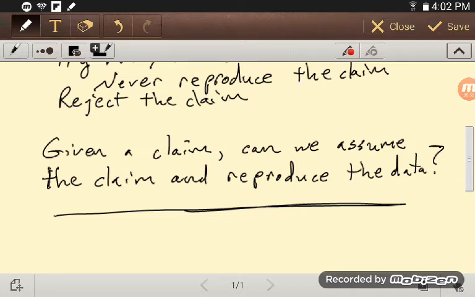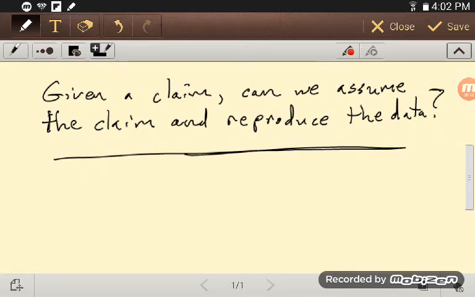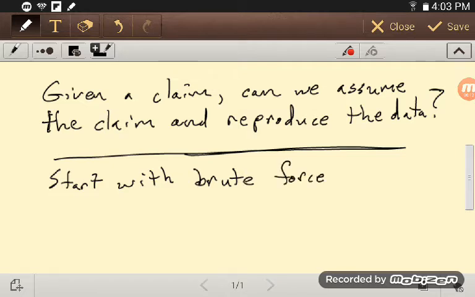Okay, now, what happens then in Chapter 2 is we start with brute force. Okay, and this is the simulation approach. This is the idea of a simulation.